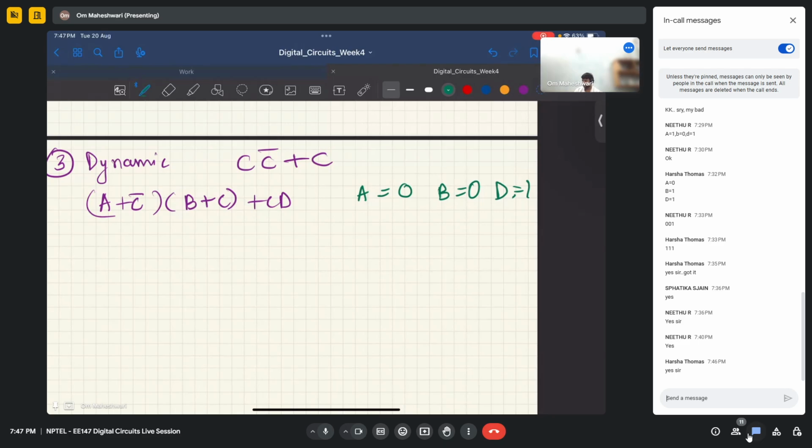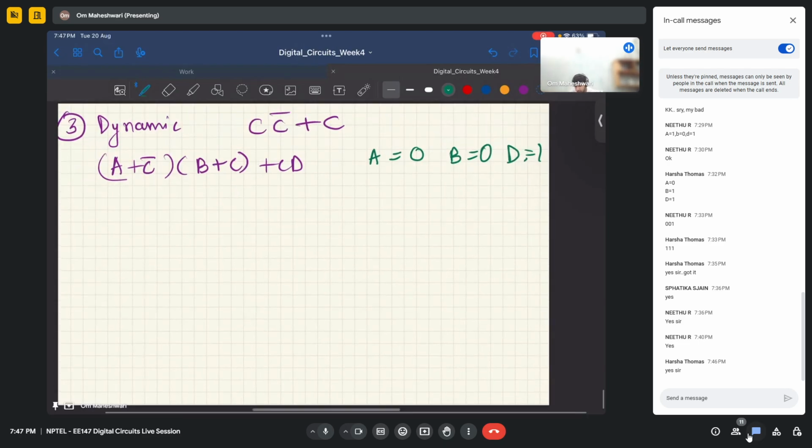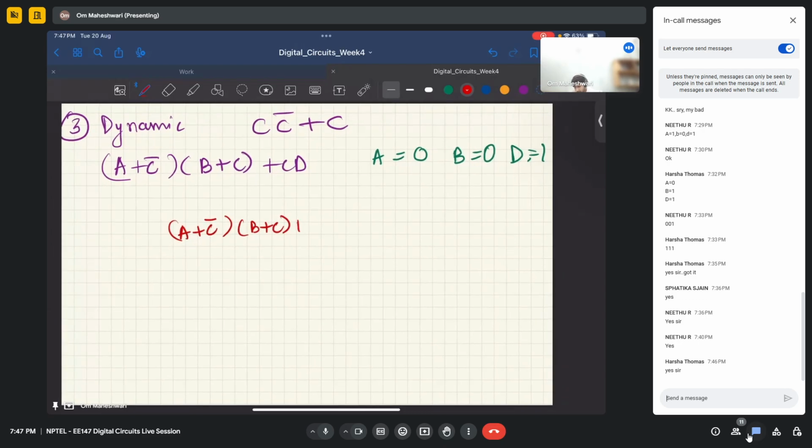So let me write the expression that we already have. We have A plus C bar, B plus C plus CD.